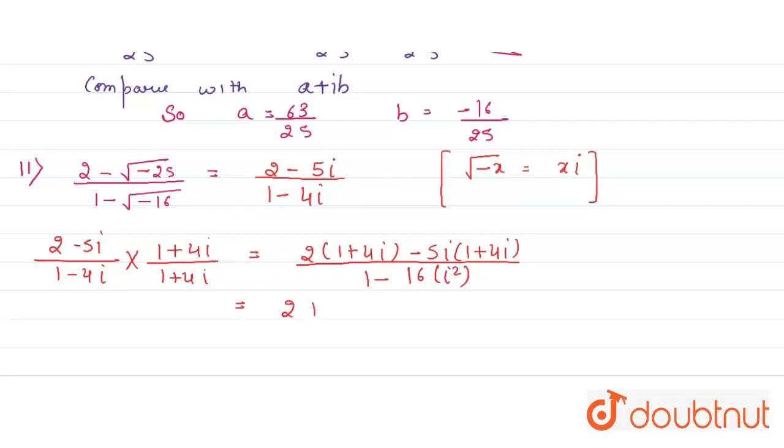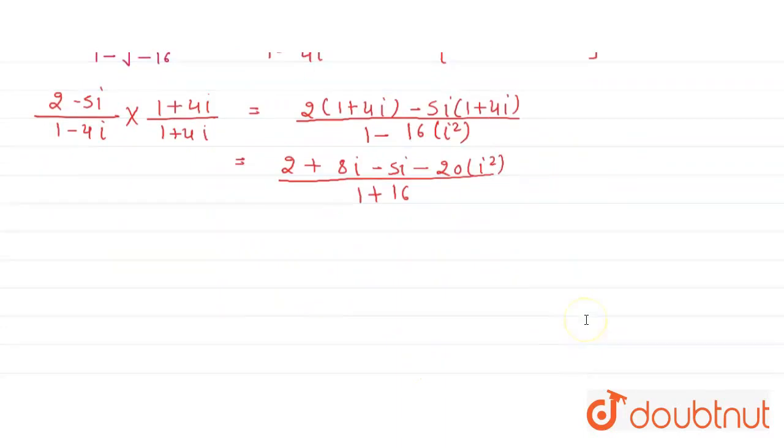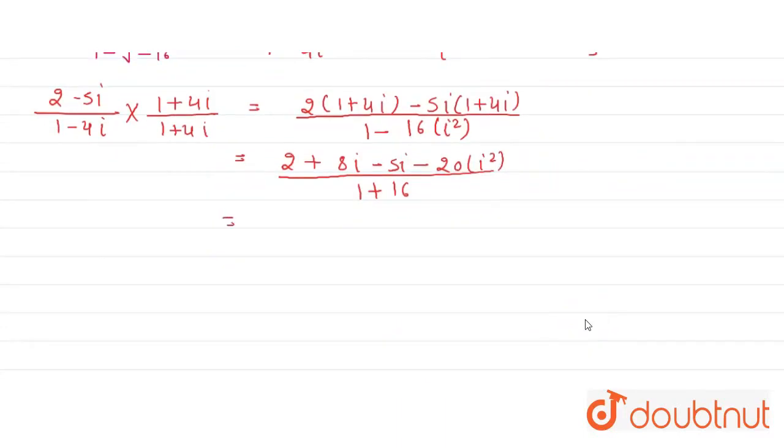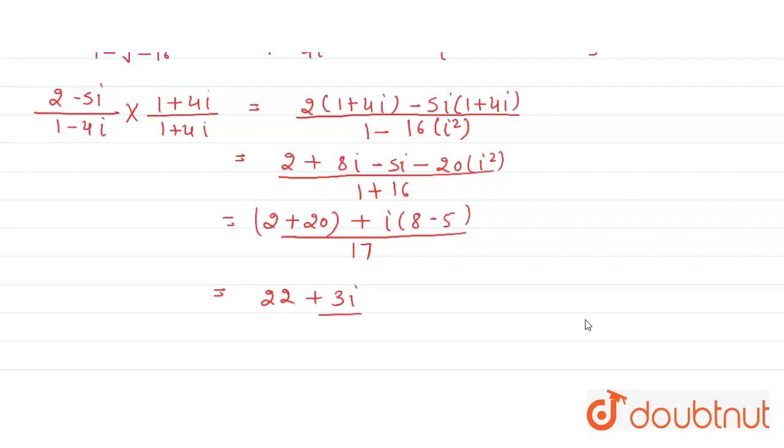Just multiply them. 2 plus 8i minus 5i minus 20i square. The denominator will become 17. Just take the real and imaginary parts. i square is minus 1, so it will become plus 20. So real part 22, and imaginary part 8 minus 5, divided by 17. So it is 22 plus 3i divided by 17.